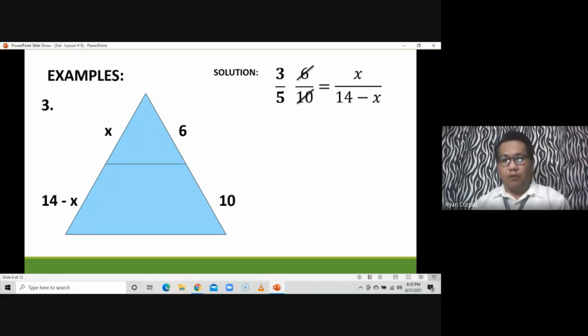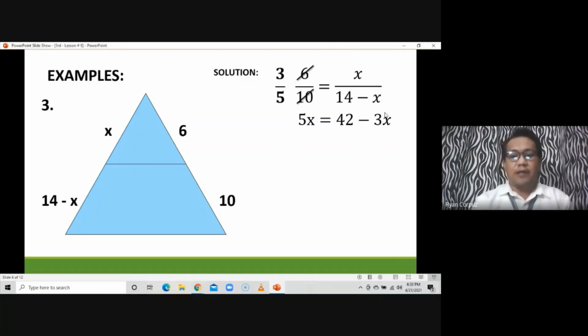So, that's what we are going to use in order for us to solve for the value of the variable. To solve the given proportion, what we are going to do is to apply the fundamental law of proportion or cross multiplication. So, obvious na ito, mas mataas yung 5. So, isimulan natin dito, magkakaroon tayo ng 5 times x, that would be 5x, and 3 times 14, that would be equal to 42, minus 3 times x is 3x. So, 5x is equal to 42 minus 3x.